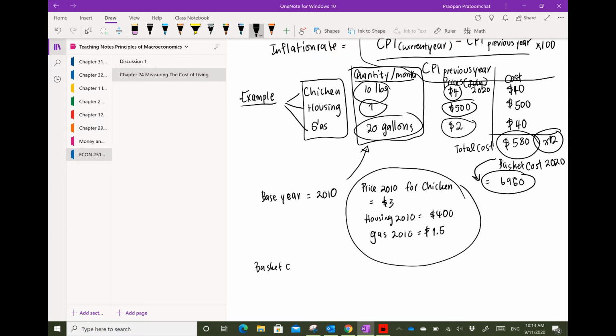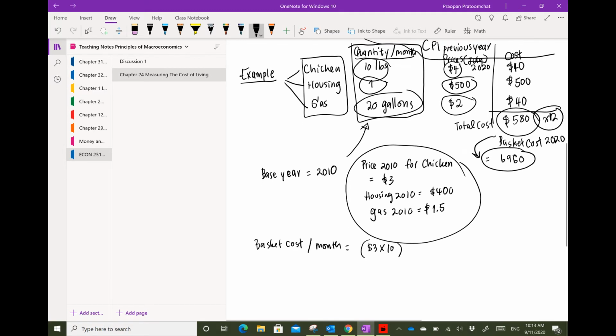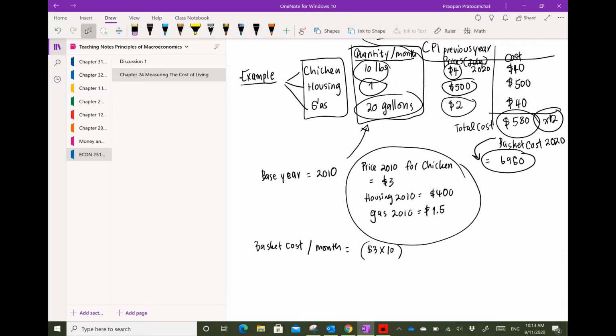Basket cost per month is 3 times 10. You can see that we're going to fix the quantity. We assume that a typical consumer has the same amount of consumption over the years, because the main focus here is we want to find the price change. So we want to control the quantity. Plus 400 times 1 unit of housing plus 20 times 1.5, right?